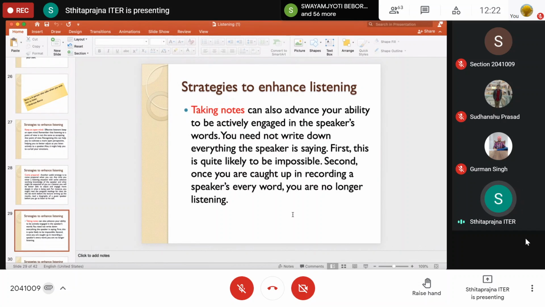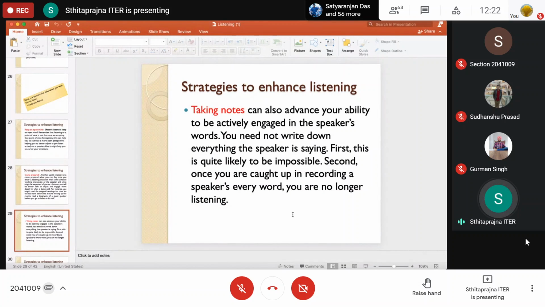Taking notes means evaluating everything, understanding, and then churning, sieving, and coming out with the key ideas. So you're going to write the key ideas, the major and the minor points, not everything that the speaker says. When you are keen on taking notes, you will never get distracted. So this is also a good idea for listening.